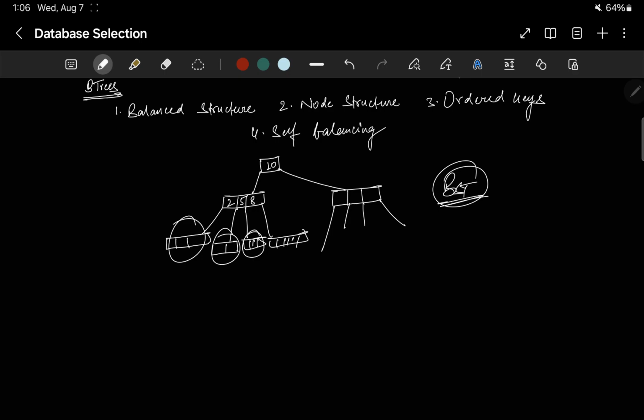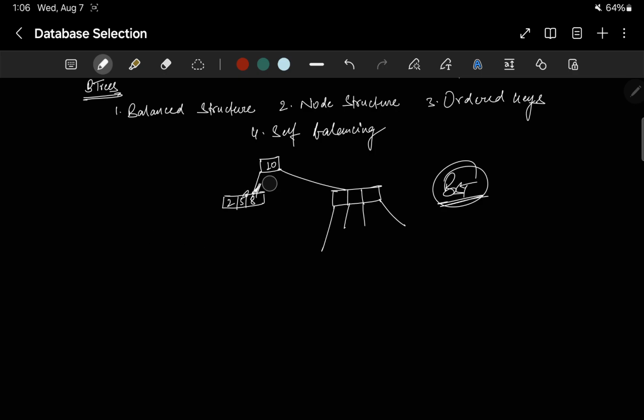In BST it only has 2 nodes, I know, but it's a similar thing. Anything which comes from here has to have the numbers between this node and this node, greater than this and less than this. Anything to the right of something should be greater than that value.